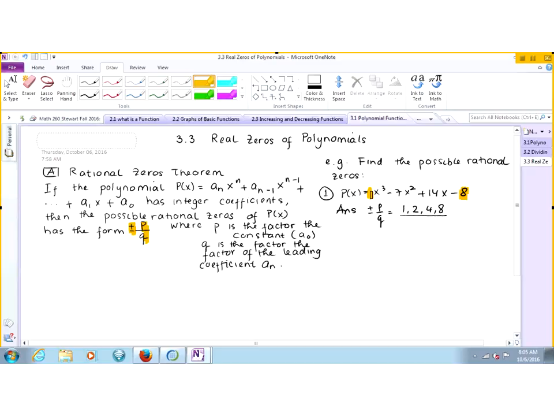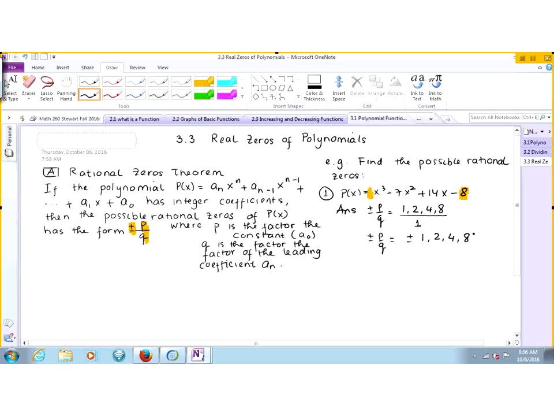Well, it is the leading coefficient. There is no coefficient. So what is the coefficient if there is none? 1. So what are all the factors of 1? It's just 1. So all the possible rational zeros are plus or minus 1, 2, 4, and 8.